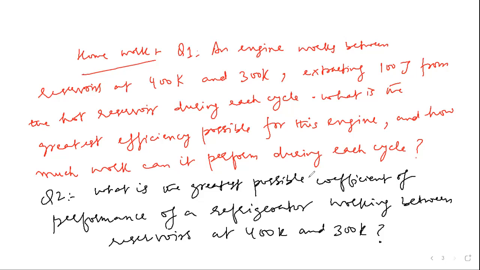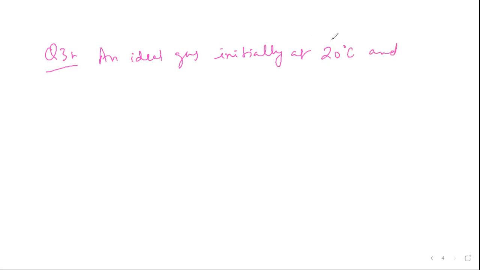Another question. Question third. My question third is, an ideal gas initially at 20 degrees Celsius and 200 kilopascal has a volume of 4 liter.